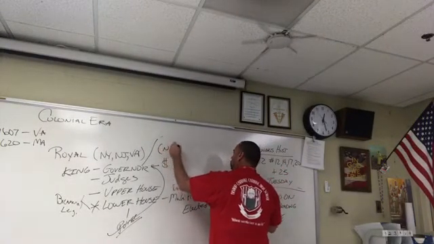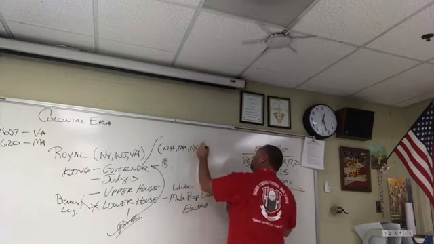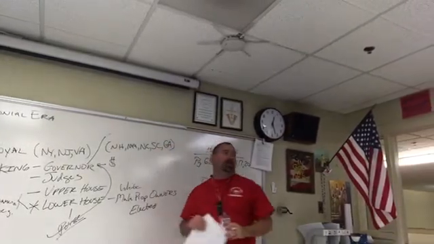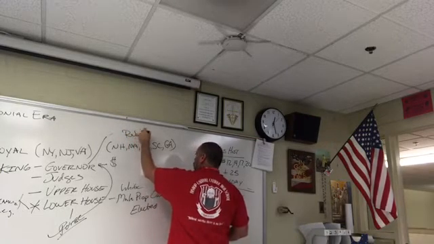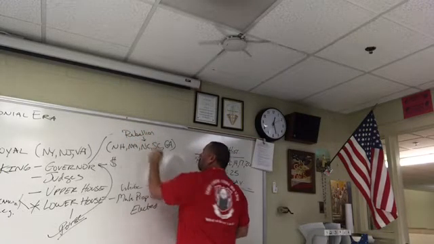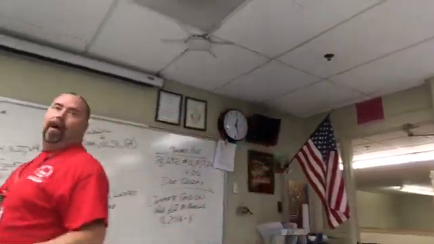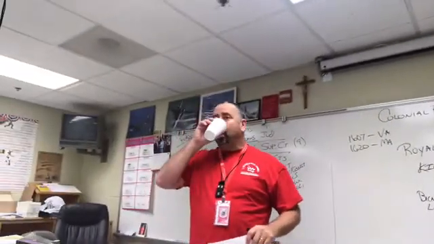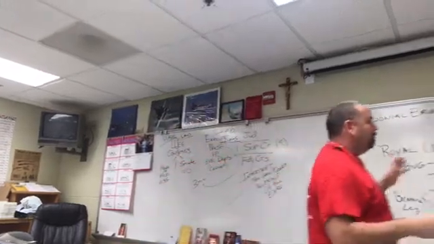New Hampshire, Massachusetts, North Carolina, South Carolina, and Georgia will all become royal colonies with rebellion. So he's going to clamp down on them and appoint a governor. Okay? So that's the first of three types of colonies.